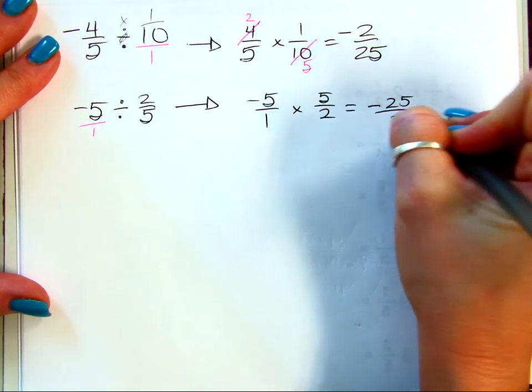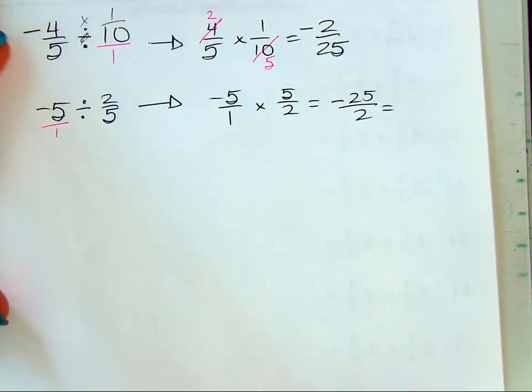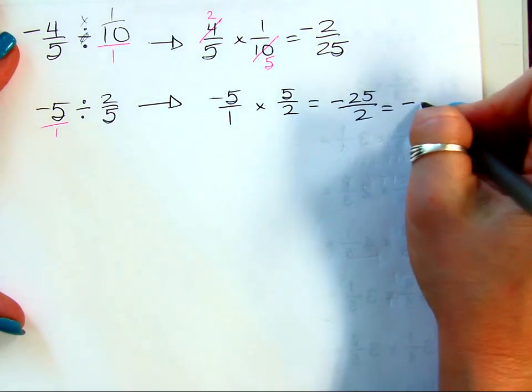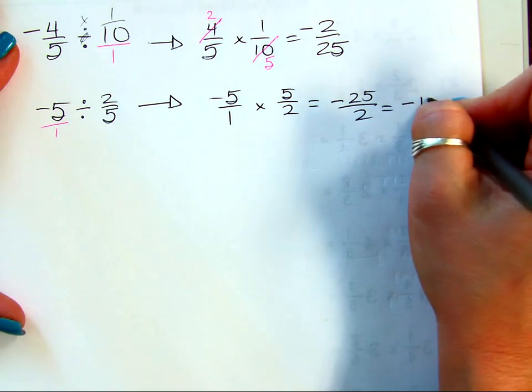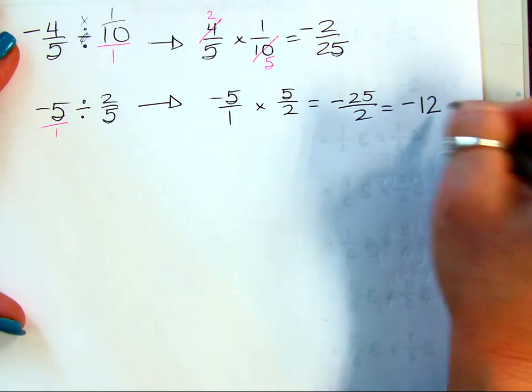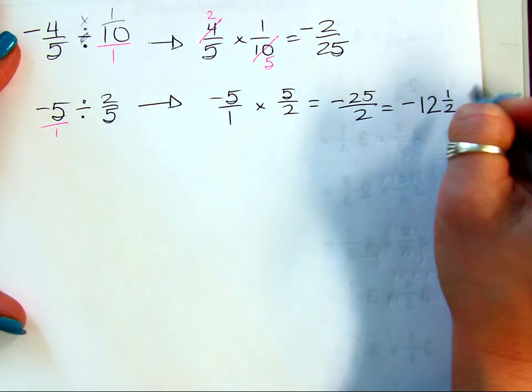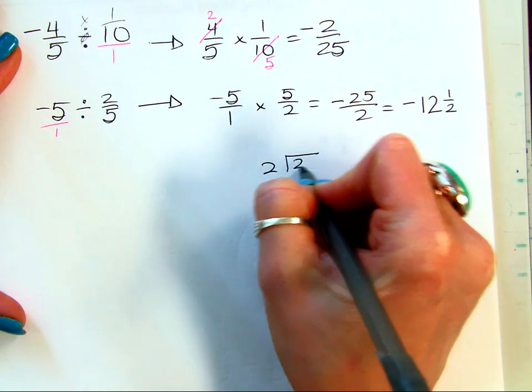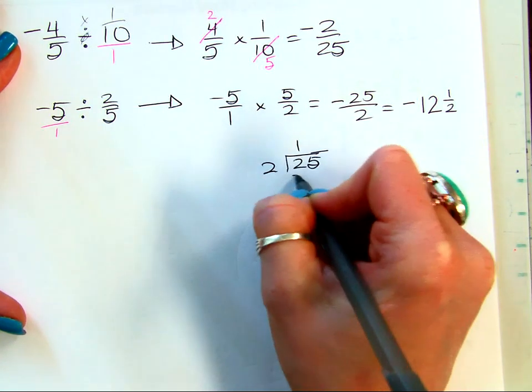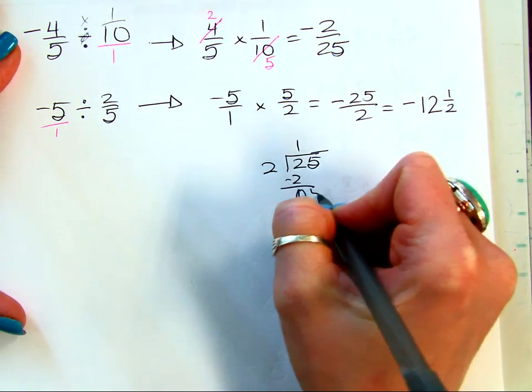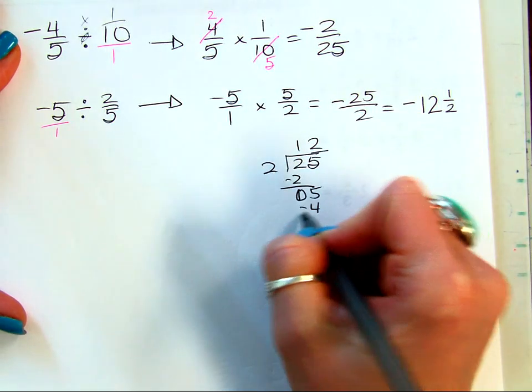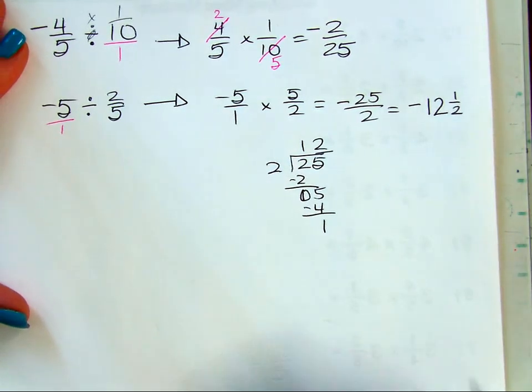And what is that as a mixed number? Negative. Fits in how many times? So it gets you to 24. 12 and... Okay. Look, guys, if you forgot how to do that... Okay, remember? It's your remainder that comes up.